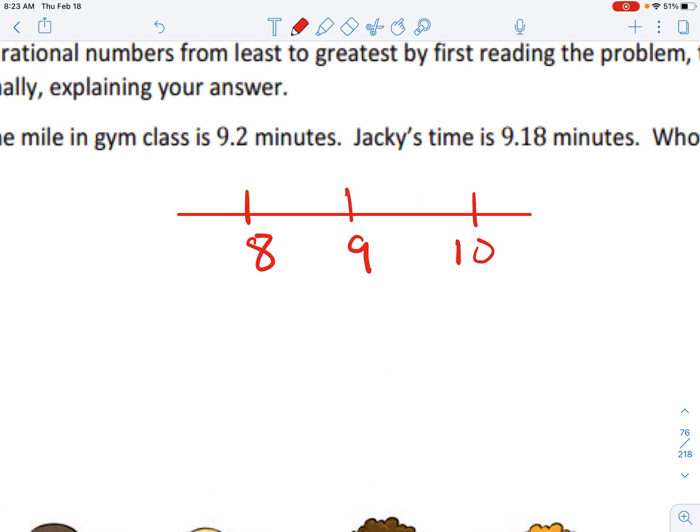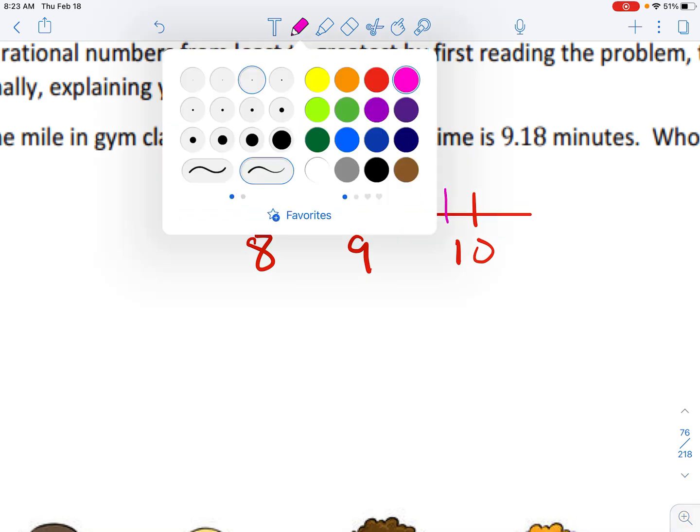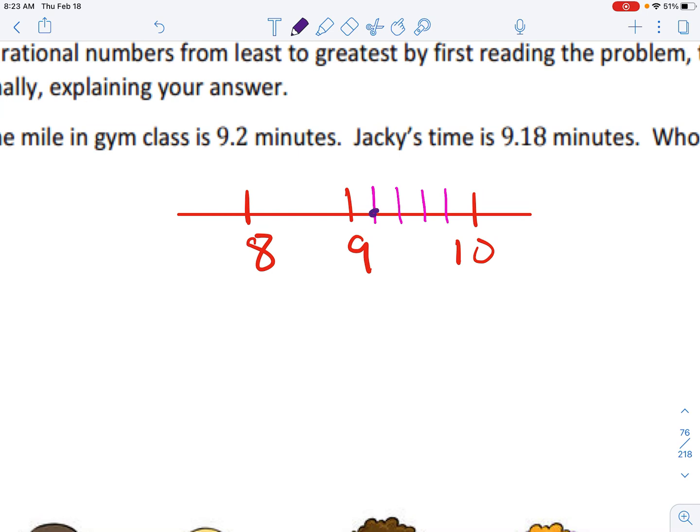So 9.2 is going to be somewhere, if we divide this into 5 equal parts, okay, 9.2 would be right here. Okay, and 9.18 is a little bit before that. It's going to be about right there.